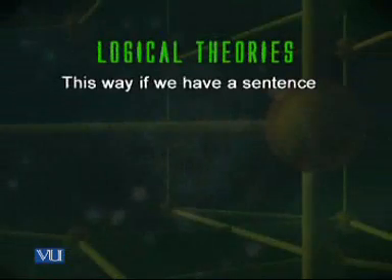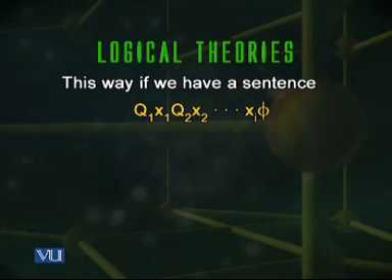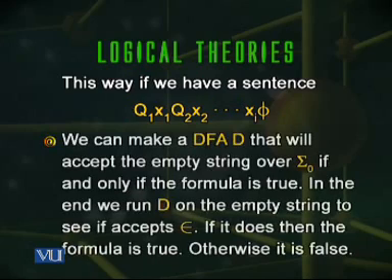What would this eventually lead us to? This way we have taken a general sentence q1 x1, q2 x2, all the way up to qi xi, then phi, which is in prenex normal form, and we've made a DFA D that will accept the empty string over sigma 0 if and only if this formula is true.